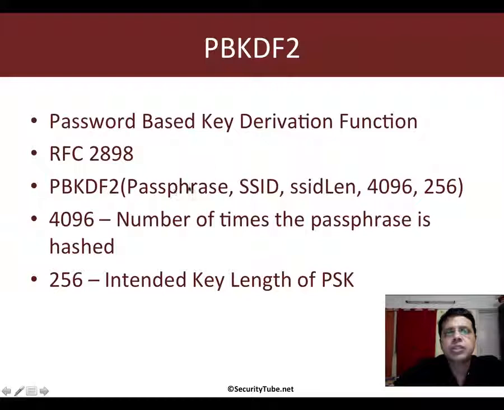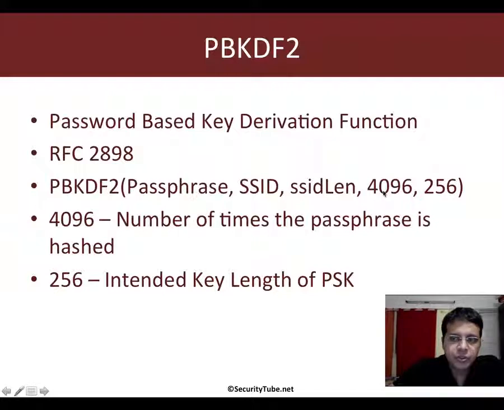The first is the passphrase which the user enters. The second is the SSID of the access point itself. Then is the SSID length, which is of course the length of the SSID. And then 4096 and 256 for WPA PSK.